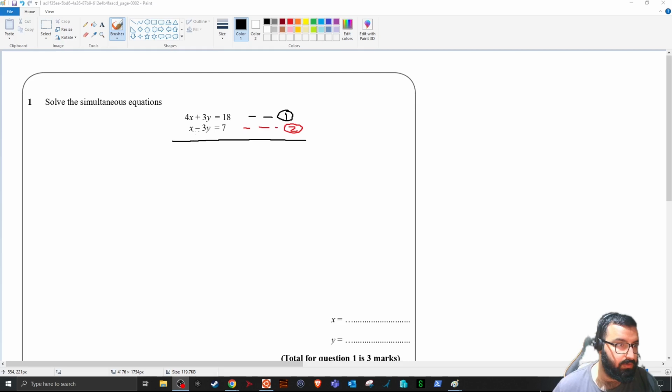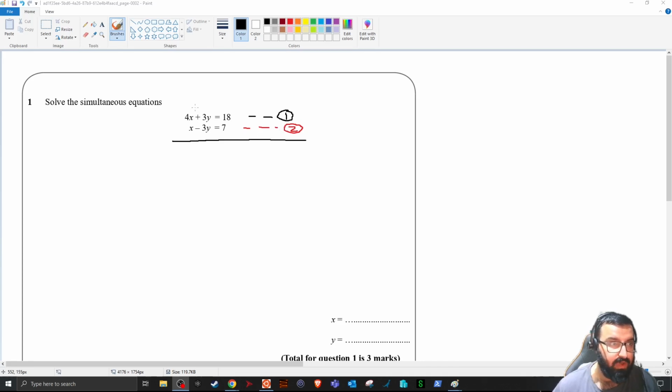We have to try to somehow eliminate either x or y in order to solve for the other variable. So I can either eliminate x and solve for y, or I can eliminate y, solve for x, and take it from there. And then we have a method for solving the other variable.